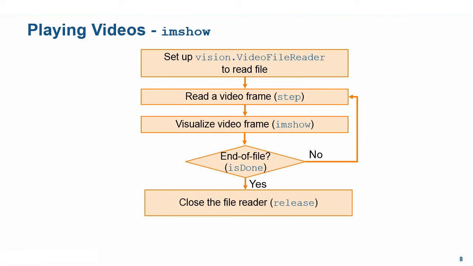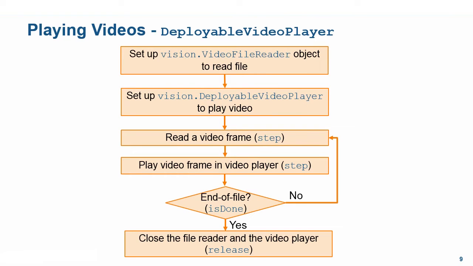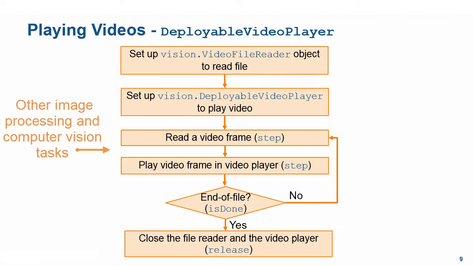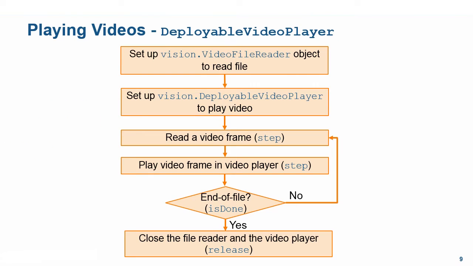Then we implemented a loop with the imshow function to consecutively acquire and visualize the video frames. Here we discussed how imshow is suited for static images, and for constantly updating images or videos, the deployable video player is recommended. So we used the deployable video player and saw how we can get better performance for videos. We also noted that once you read in a video frame, you could do other image processing and computer vision tasks inside the same loop in addition to playing a video. We will discuss some of these more common tasks in other videos.